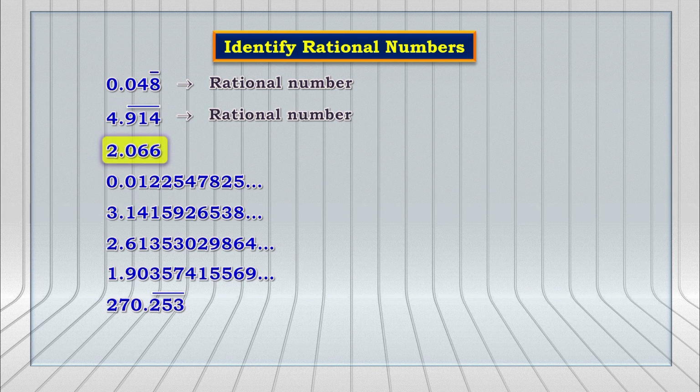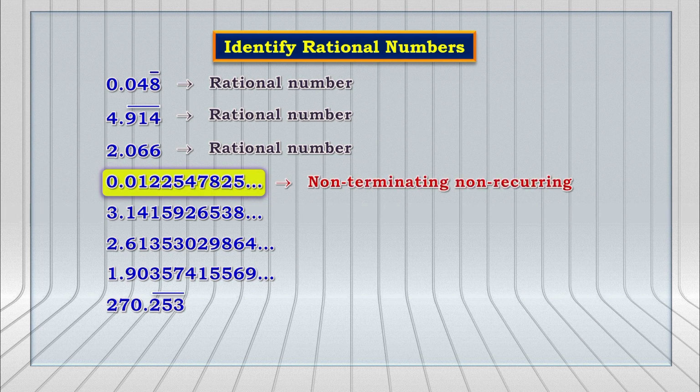Now 2.066. There is no repetition over here and it got terminated. So this is a terminating decimal number. So this is also a rational number. Now next number, let us take a look. 0.01225478825 dot dot dot. Here, if you take a look, there is no particular digit repeating.